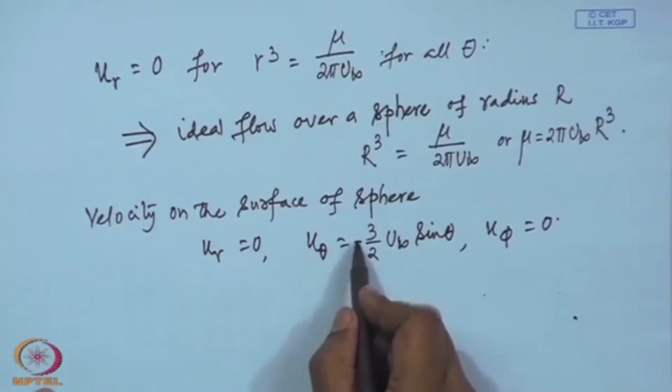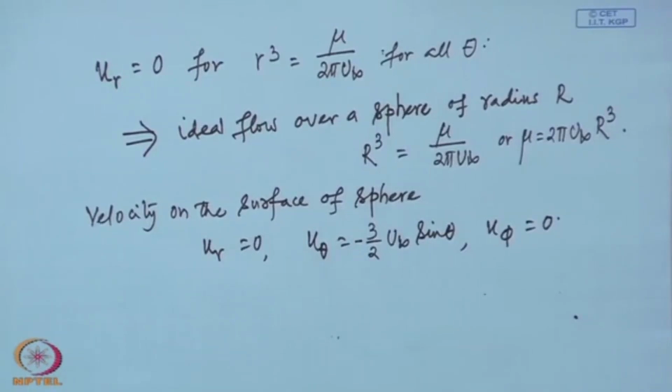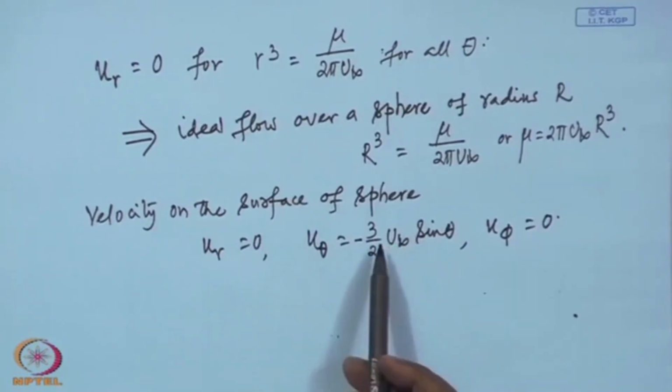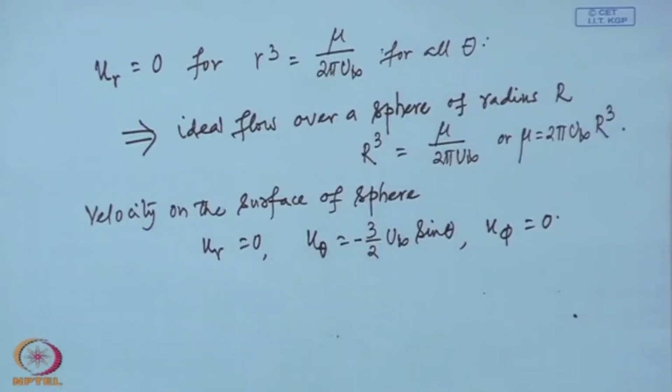Minus. So, you see that the tangential velocities are less than what they were for the cylinder magnitude wise.